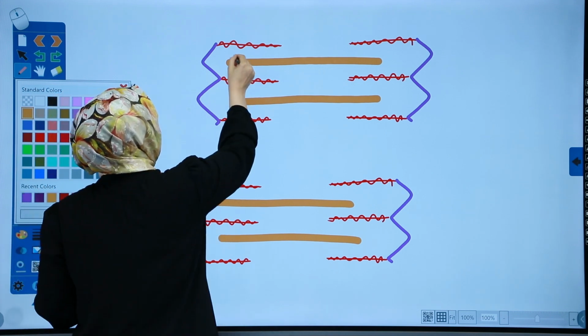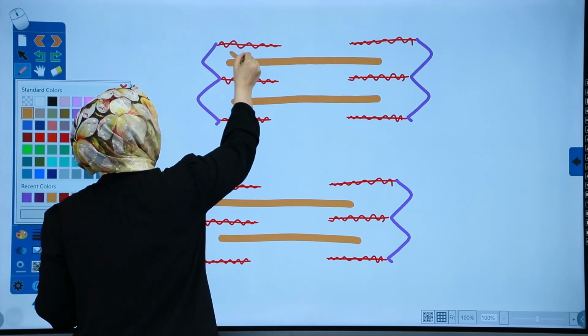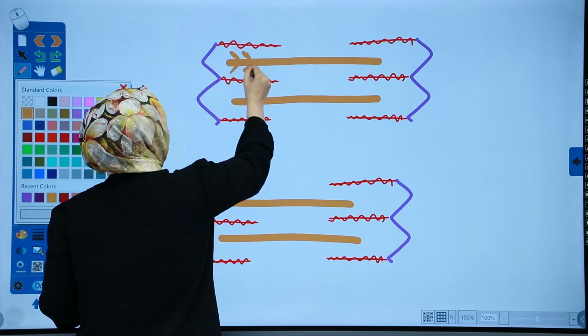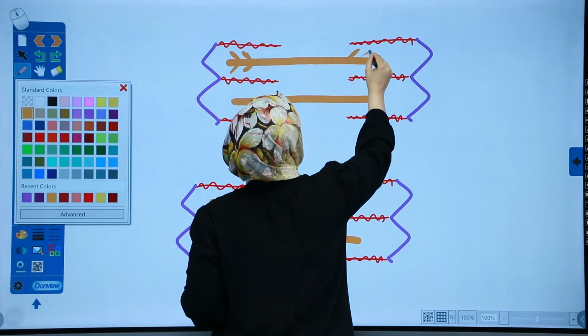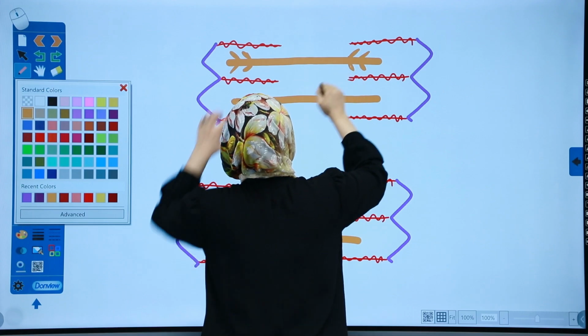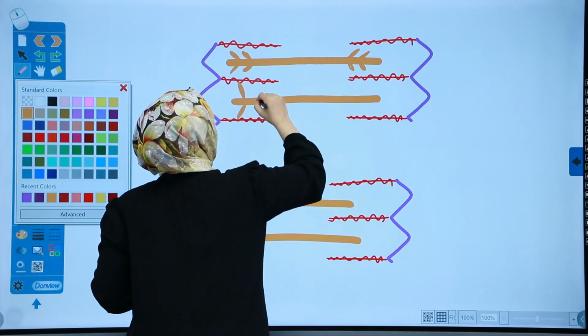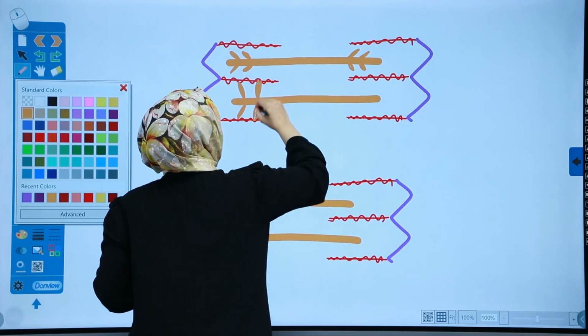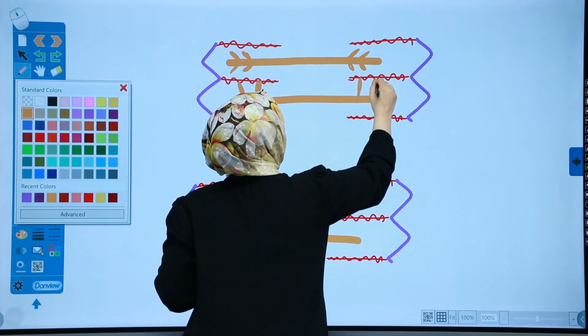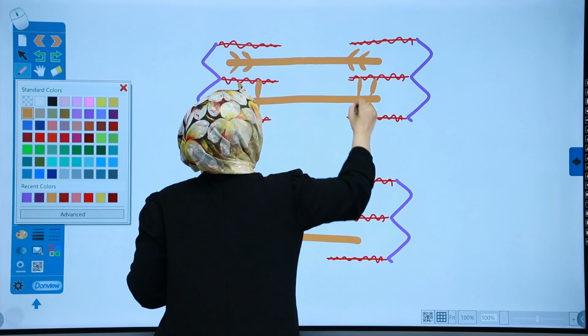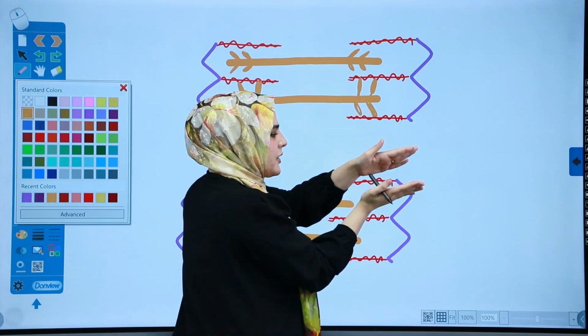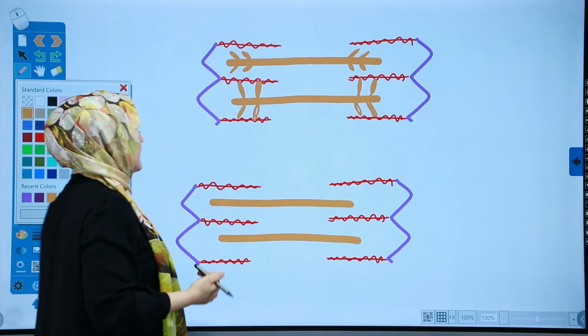A relaxed muscle has its heads outward, not attached. But if a nerve impulse comes, I'm going to represent it with this one. It starts to attach to the actins like that. Remember, at the beginning it's facing outwards, but then it's connecting to the actin.